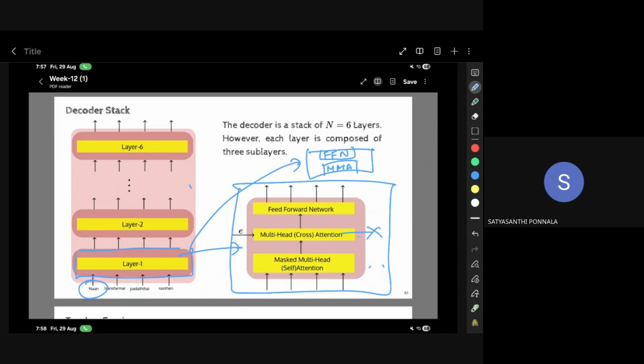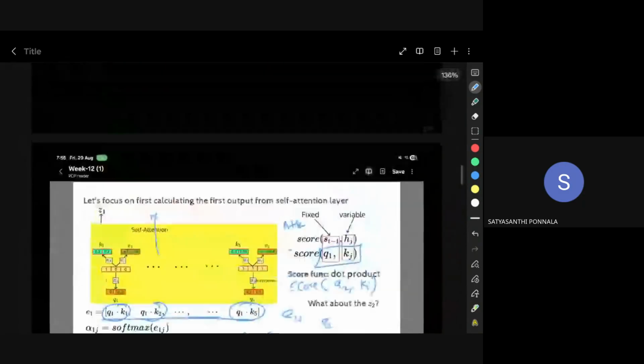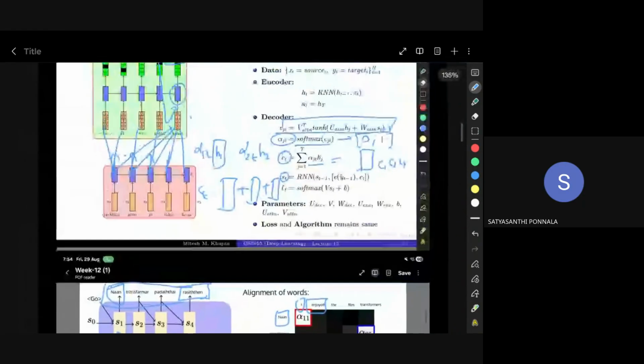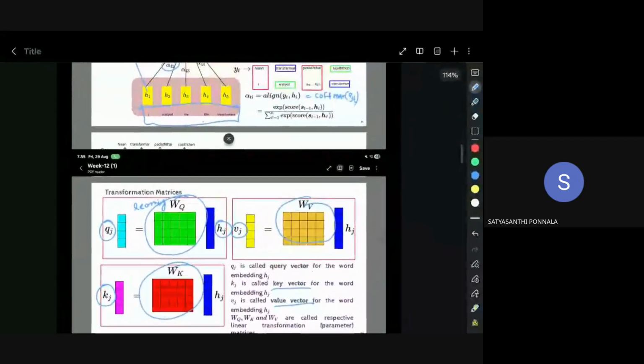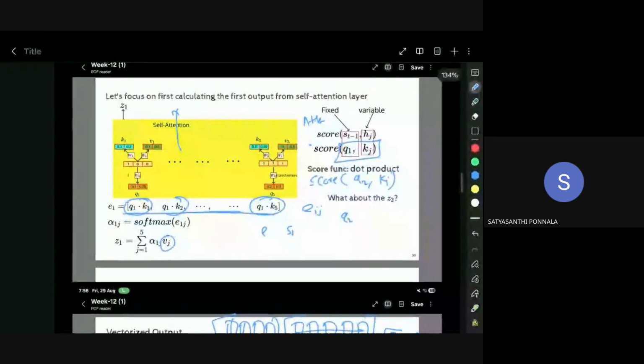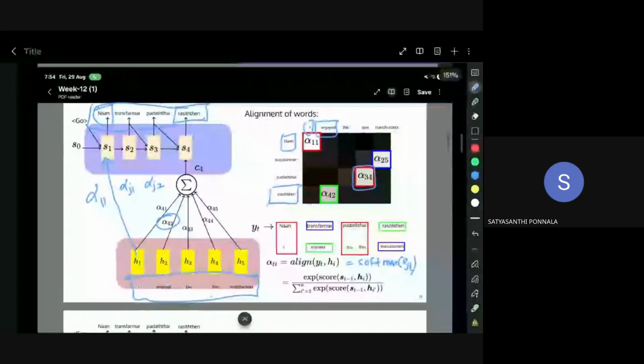Sir, why do we need cross attention? So how will you take input of the encoder? You are getting the encoder output here, right? So here, let's say you sent this English sentence. Give me a minute. For example, this is there, right?